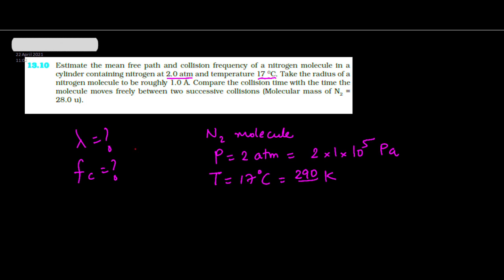So lambda is this. One more thing we need: the radius of nitrogen molecule is 1 angstrom, so diameter is 2 angstrom, that is 2 into 10 raised to minus 10 meter. Okay, so now we have all the values, we just have to put it. You have 1 minute to find out lambda, hurry up. Use the formula, lambda equal to kBT by p pi d square.